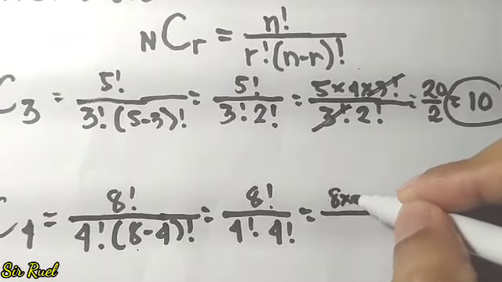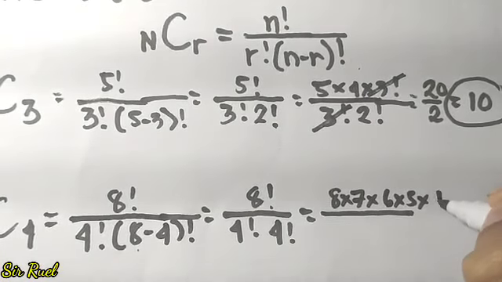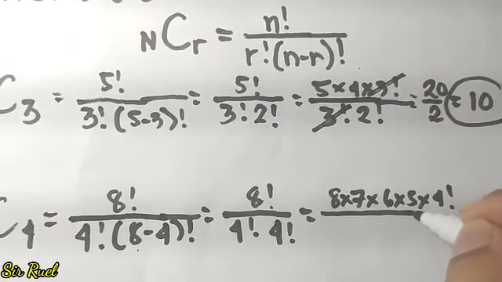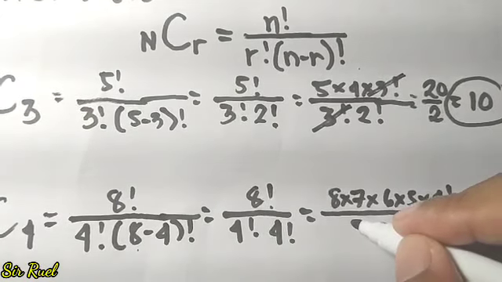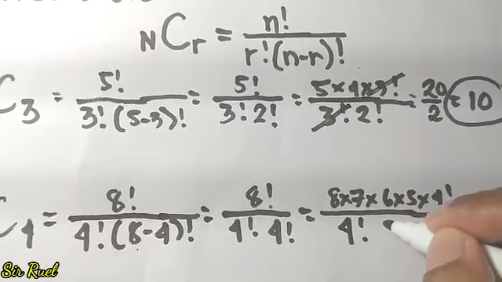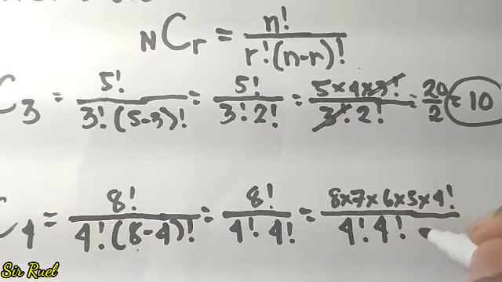8 times 7 times 6 times 5 times 4 factorial. We will stop at 4 factorial because there is a 4 factorial in the denominator. So 4 factorial over 4 factorial, only one can be cancelled here.